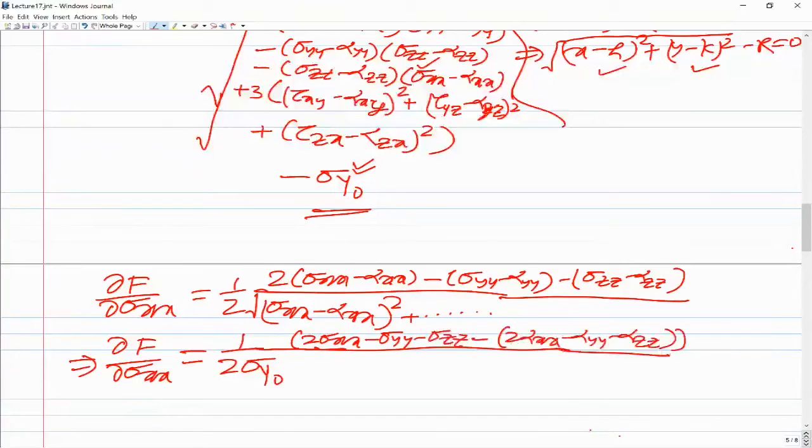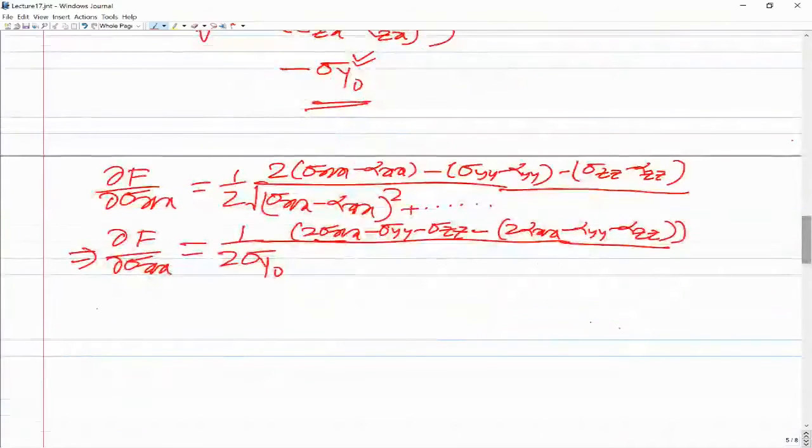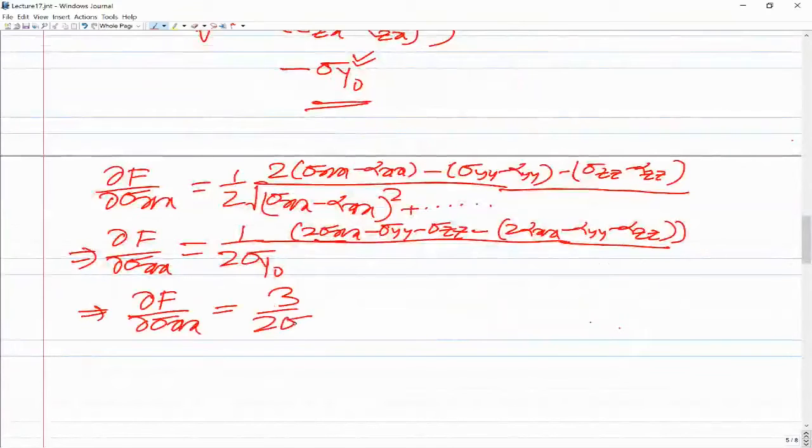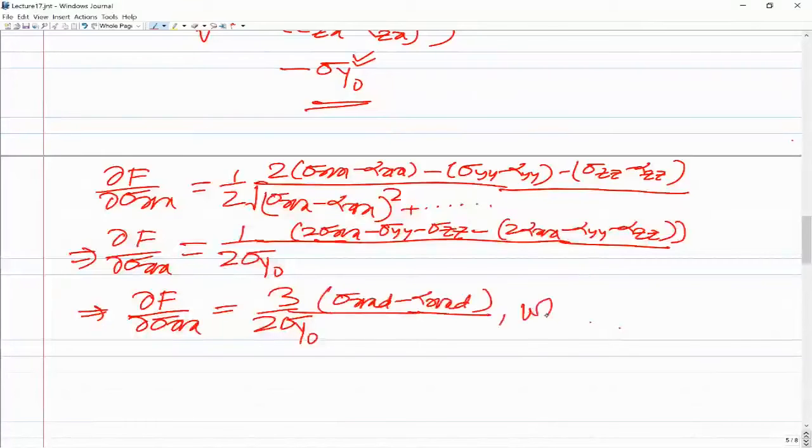And now we can write this in terms of deviatoric components. So del f by del sigma xx would be equal to 3 upon 2 sigma y naught. Now this sigma y naught is constant, the initial yield stress of the material, and in the numerator you will have sigma xxd minus alpha xxd. We have already defined sigma xxd earlier, where alpha xxd is twice of alpha xx minus alpha yy minus alpha zz divided by 3. So this is your alpha xxd.